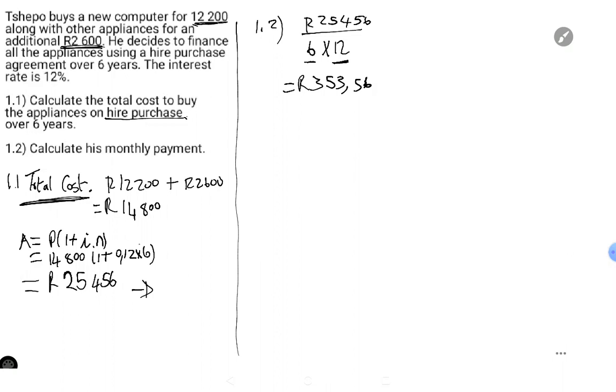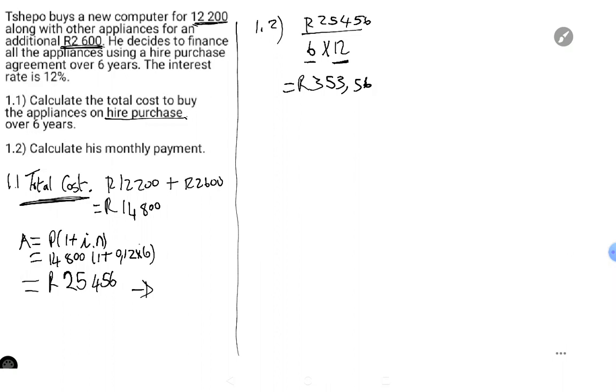So 12 over 100 on your calculator gives you 0.12, and then you multiply by the number of years. And so that gave us 25,456 rands.